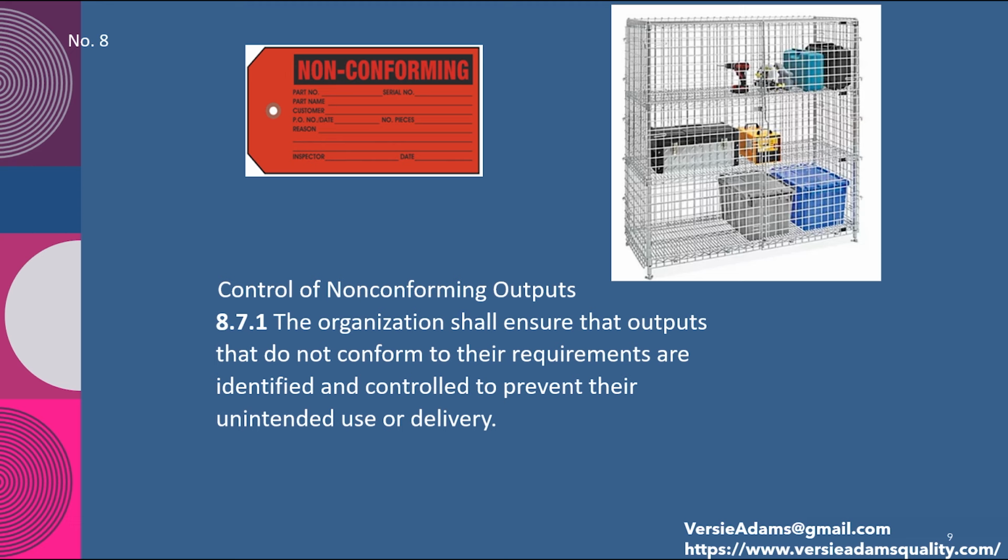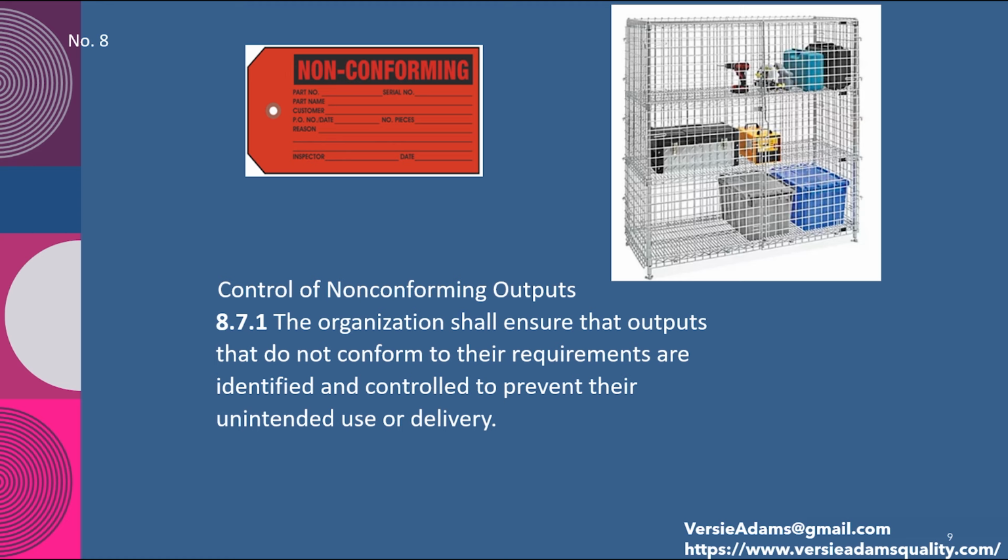I will also find, when I look at their MRB cage, that they'll have several different types of product in it, but they're not identified with a non-conforming label or an NCR or a DMR. The product may be contained in the MRB cage, but you have to identify it.